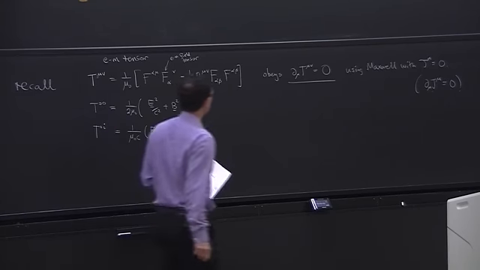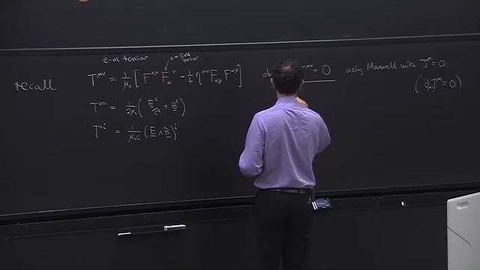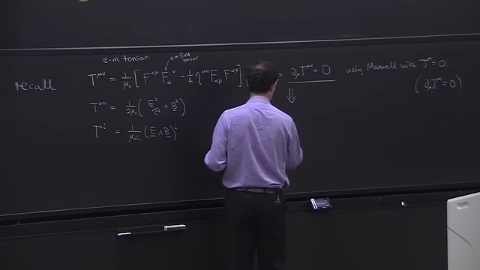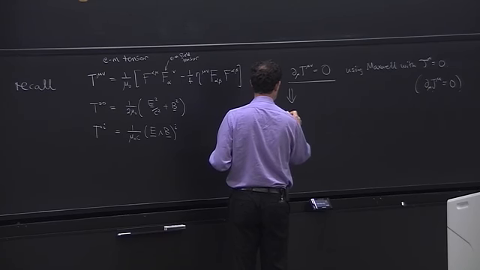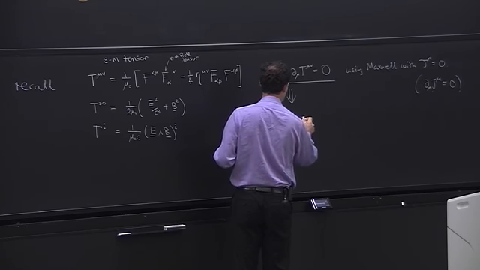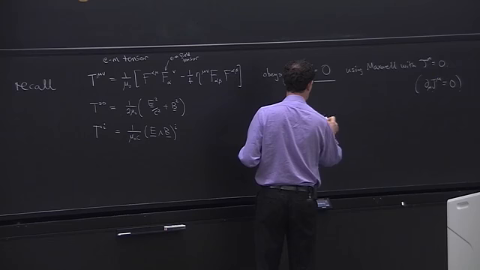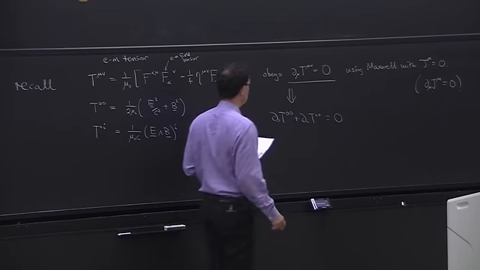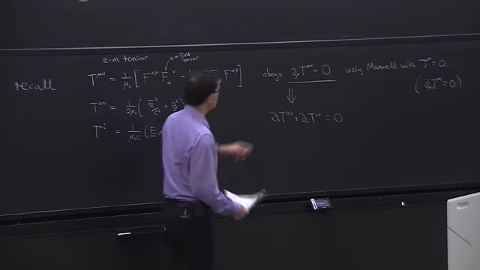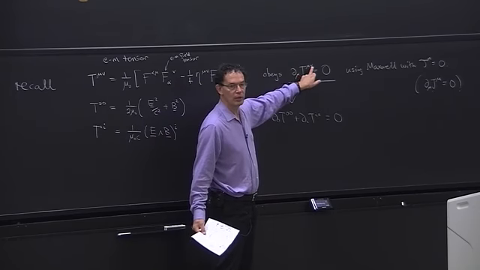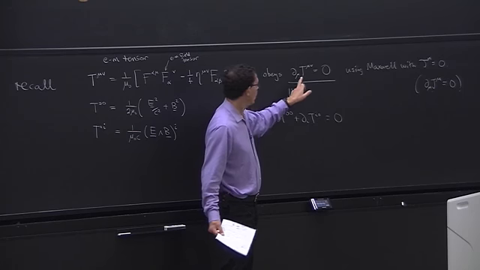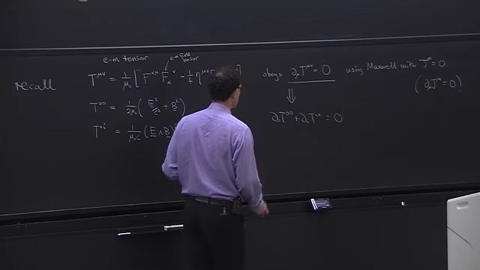If I write out what this equation means, it means d naught T naught naught plus d I T I naught equals 0. That's just writing down this equation for nu equals naught, with a sum over these indices.